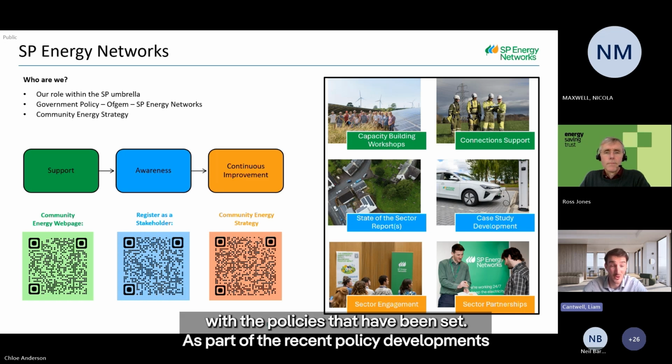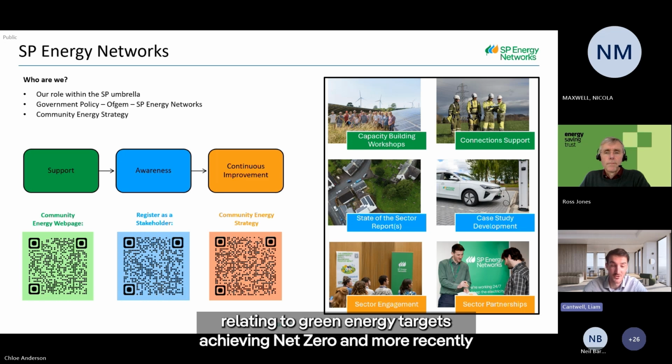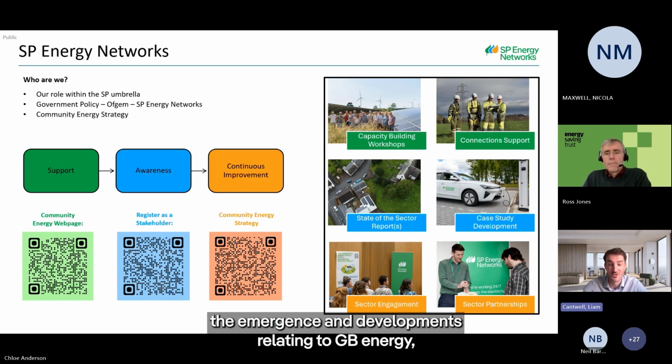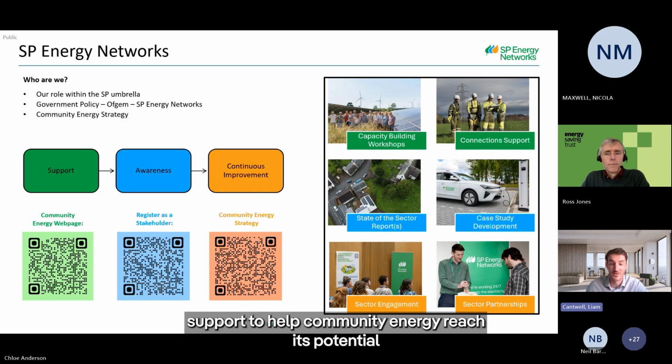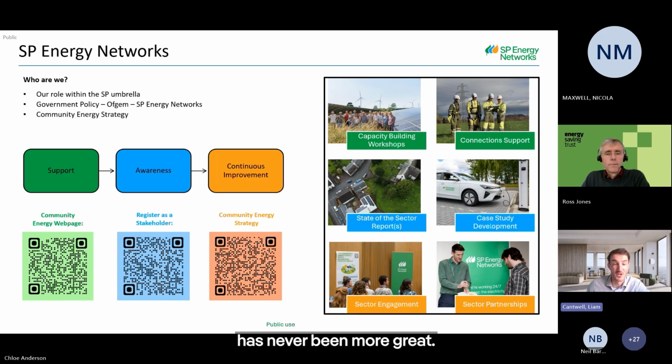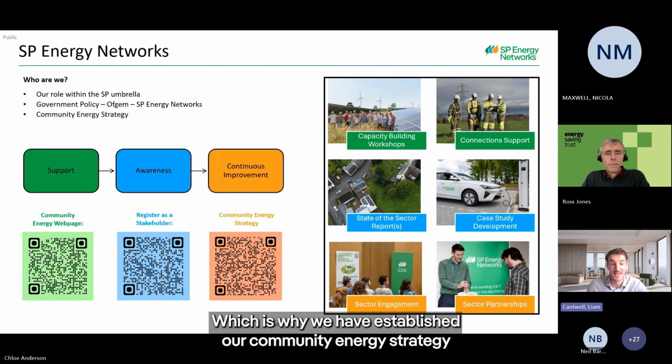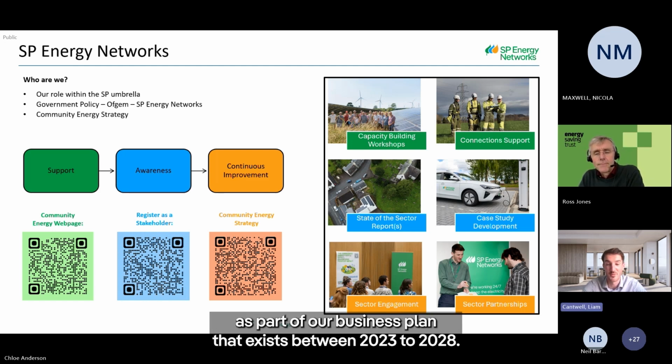As part of the recent policy developments relating to green energy targets, achieving net zero, and more recently the emergence and developments relating to GB Energy, the Local Energy Plan and Clean Energy 2030, the need for tailored and specific support to help community energy reach its potential has never been greater, which is why we have established our community energy strategy as part of our business plan that exists between 2023 to 2028.